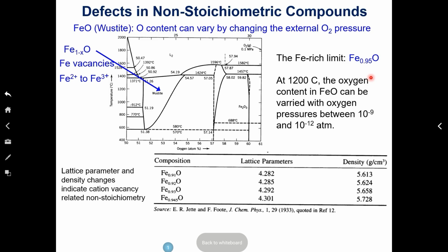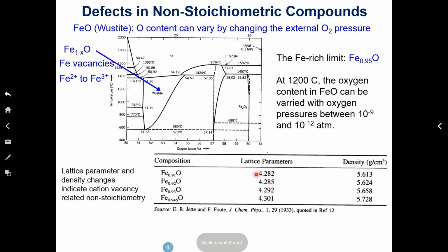And here's some data. You can see that if you create different levels of non-stoichiometry, as you move from the bottom to the top, you're creating more and more iron vacancies. You can see the effect on the lattice. As you create more and more vacancies, the lattice will collapse a little. The lattice parameter will change.